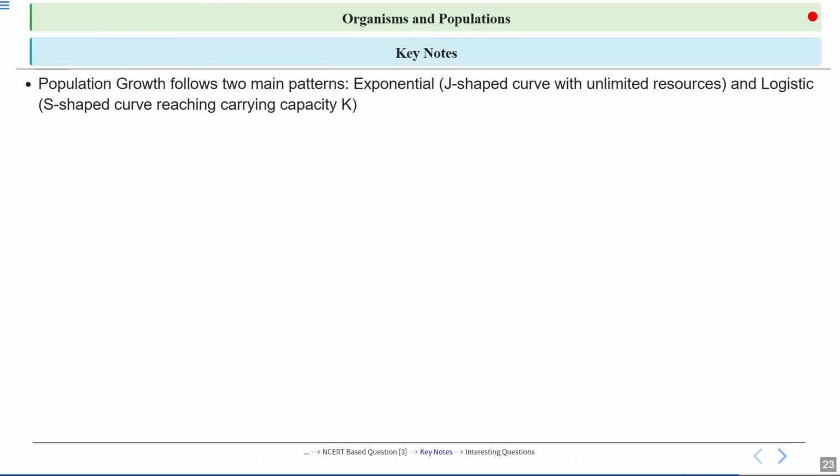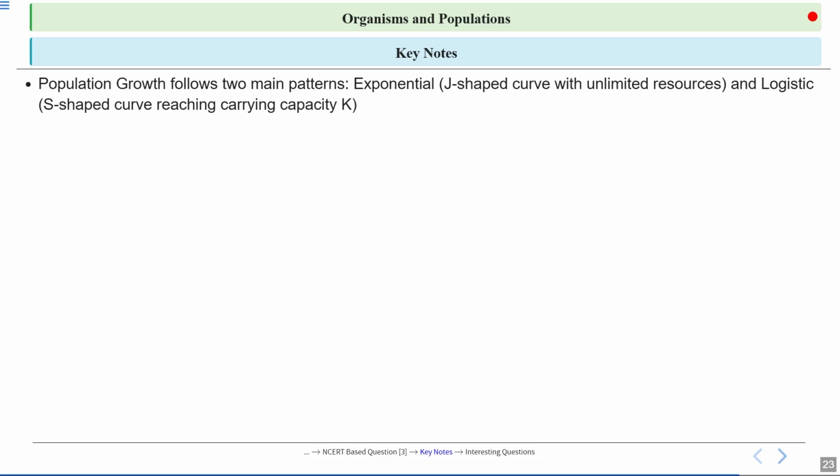Now let's discuss some key notes. Population growth can be represented by two main patterns or growth models: exponential and logistic. In exponential growth you get the J-shaped curve, when the resources are unlimited.